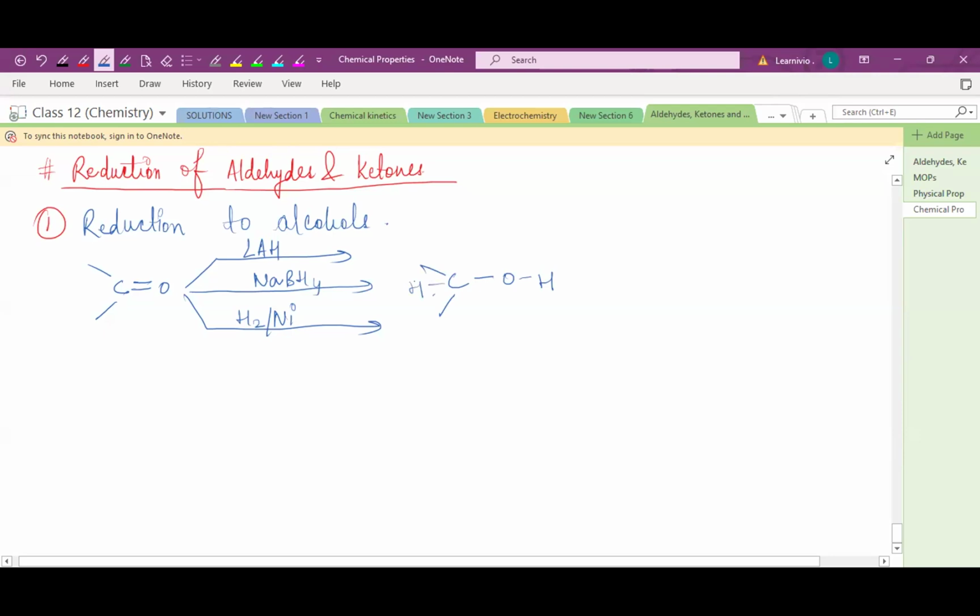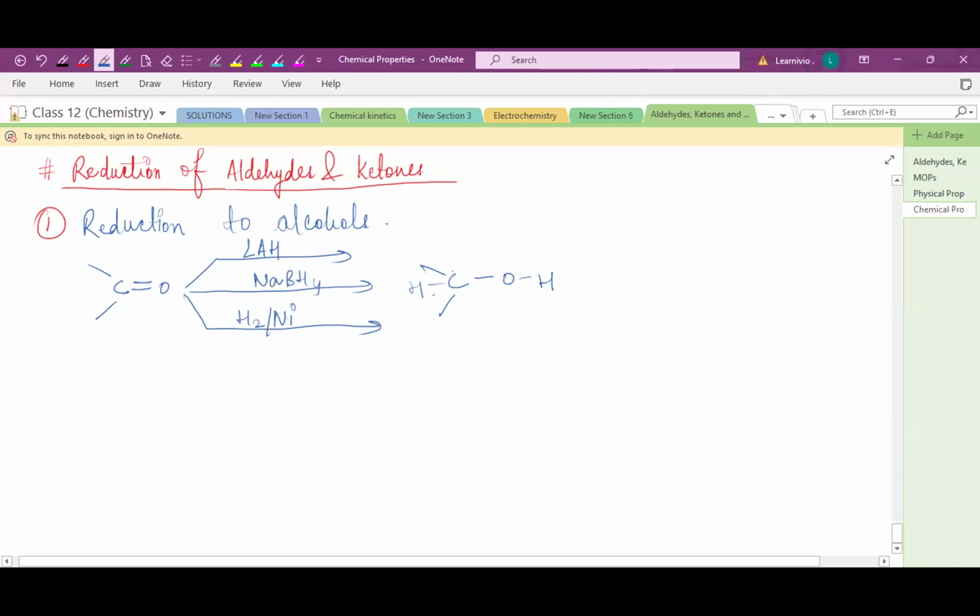What is reduction? The addition of hydrogen, right? So just break this double bond, the pi bond will break, and you add one hydrogen to the oxygen side and one hydrogen to the carbon. That's a reduction.